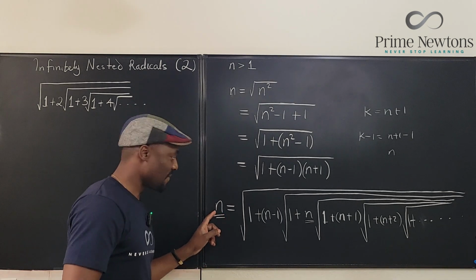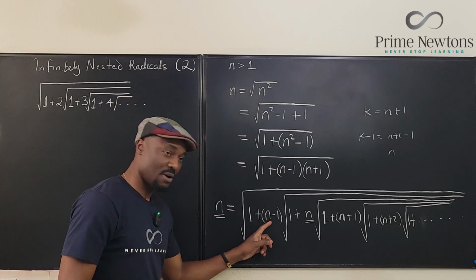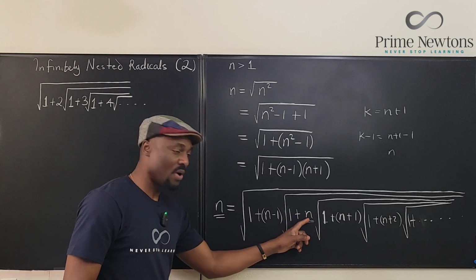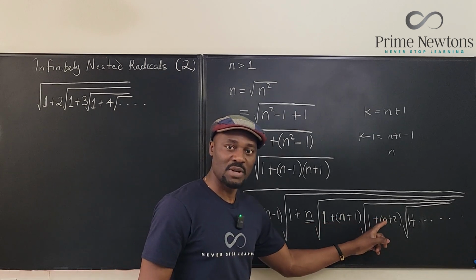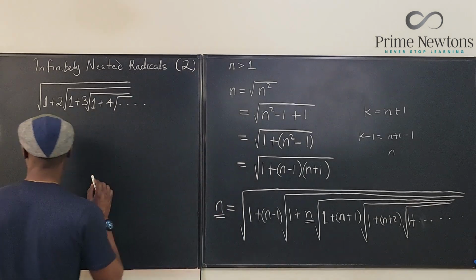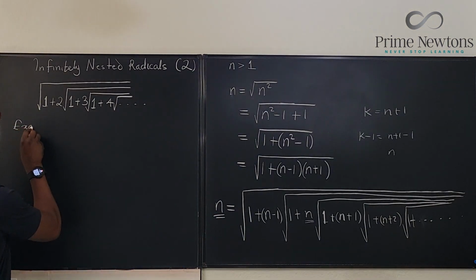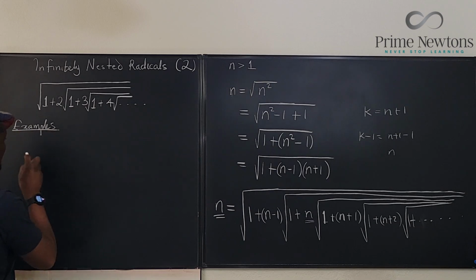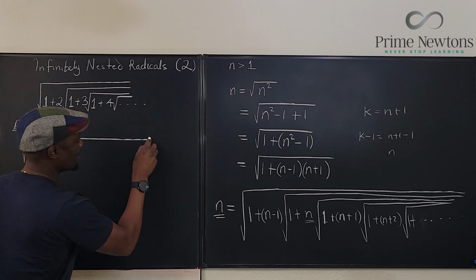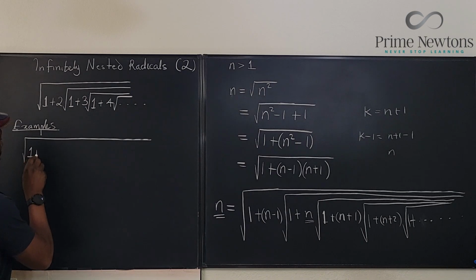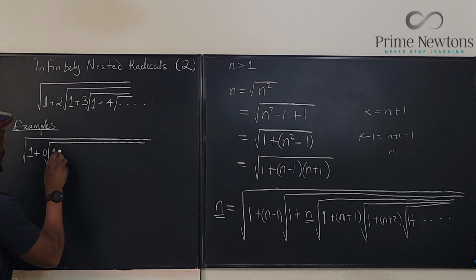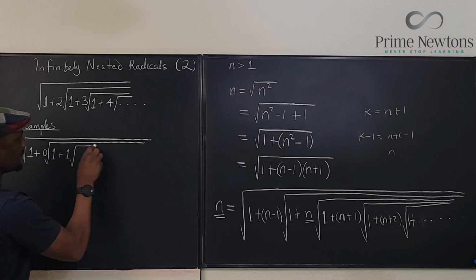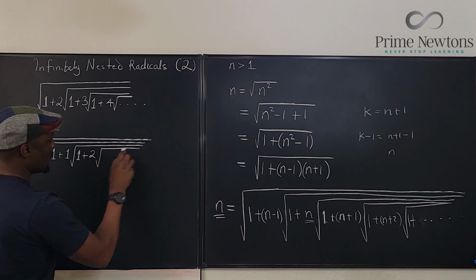If n equals 1, then this is going to be 1 plus 0 times the radical of 1 plus 1 times the radical of 1 plus 2 times the radical of 1 plus, you see that? So we can easily say, let's just do examples.